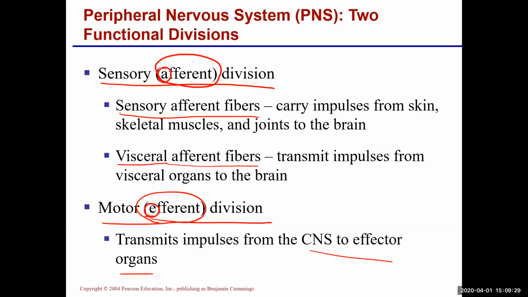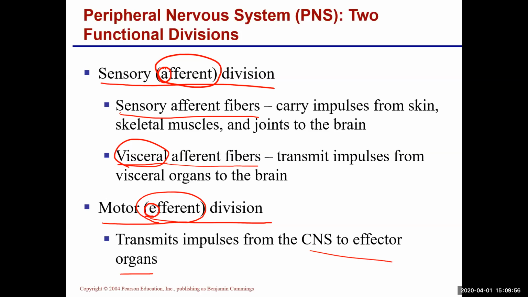Visceral, think about your deep organs. Say, for example, you have a tummy ache. You still know you have a tummy ache because the information went from the nerves surrounding your stomach within the body. That would be visceral, also known as a deep organ, so to speak. So I just wanted to mention that.